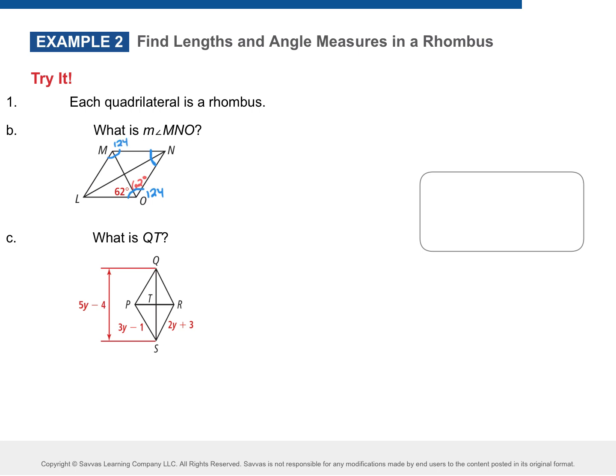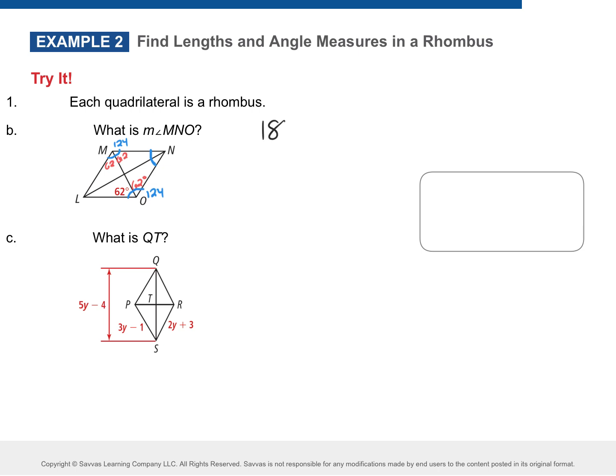Or could I say all of these are both 62? Either way. How can I find the whole angle N now? There's a couple different ways. 180 minus 124. Why can I do that? Because all three angles add to 180 because it splits it into a triangle. What do these two angles right here add up to? 180.